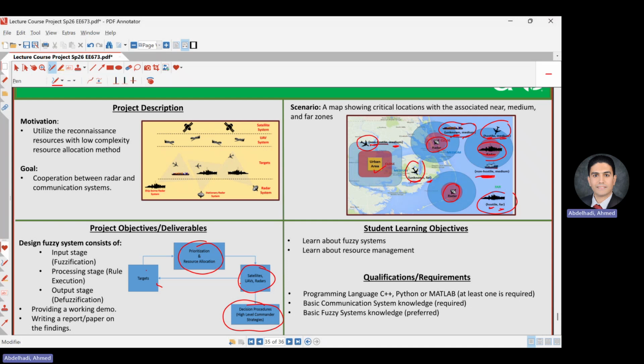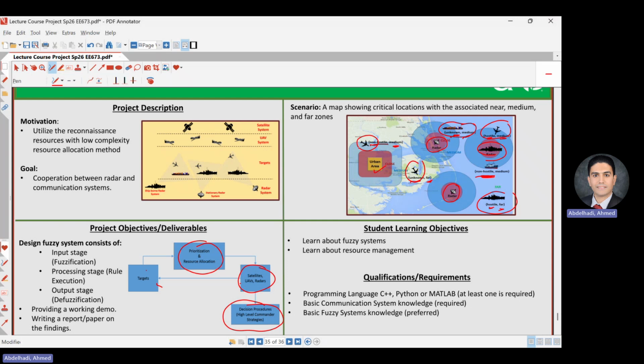And given there are different types of resources, some of them are radar, some of them are taking images, like UAVs and satellites. Some of them can engage, like shipborne radar, and some UAVs, like a drone, these kind of things.